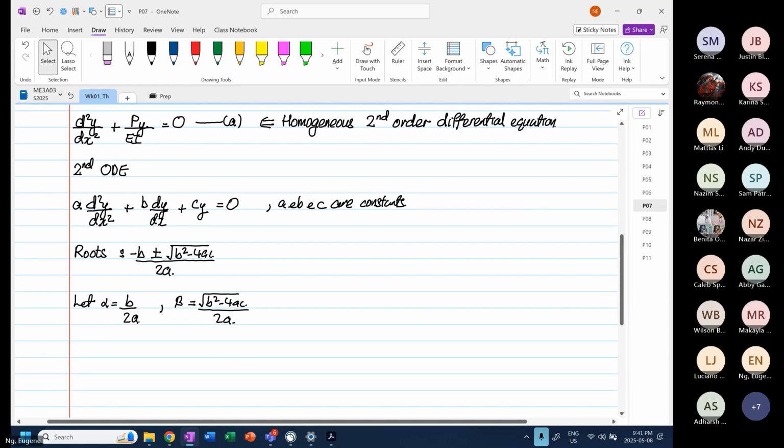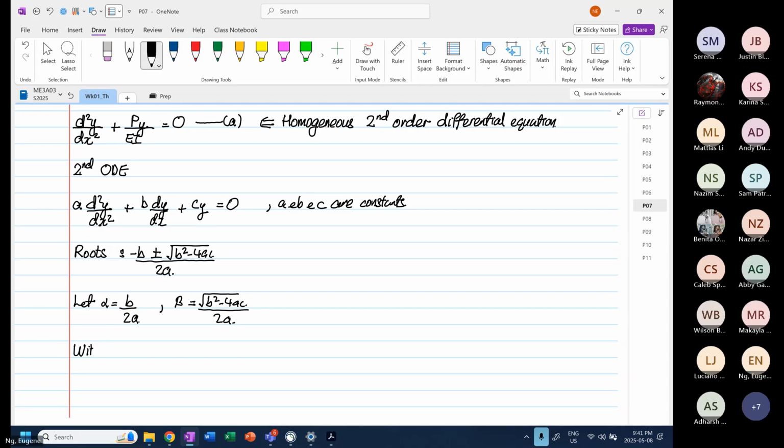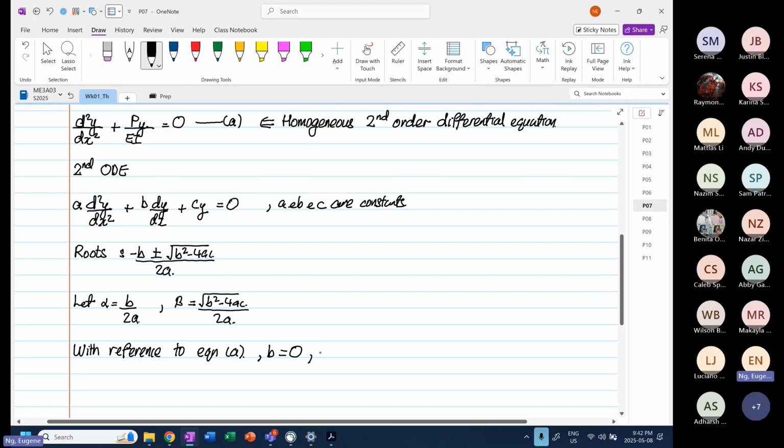But with reference to equation A, we know that b will be equal to what? 0.